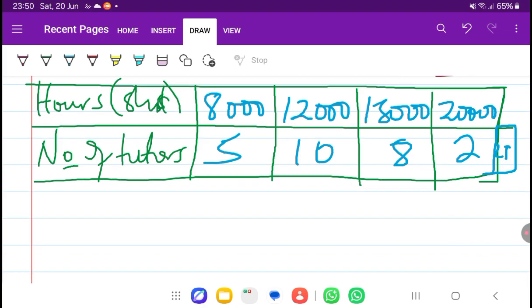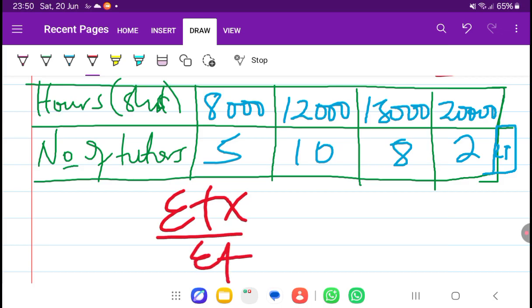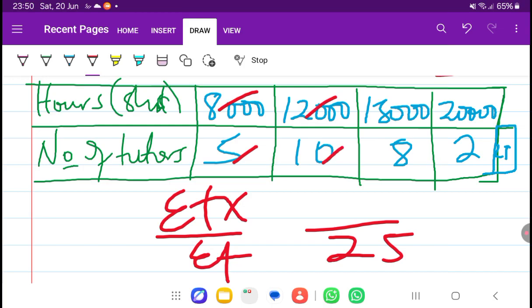Whereby you find yourself getting summation fx over summation f. Of course, the summation f we have already gotten as 25. Then the rest you multiply this one times this, plus this times this, plus this times this, plus this times this.